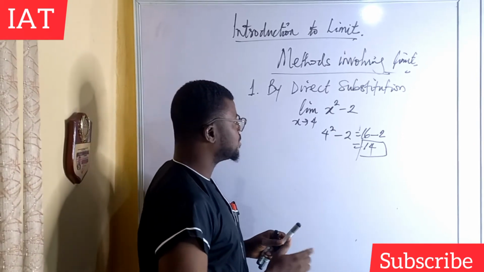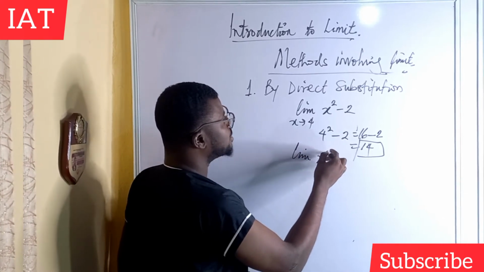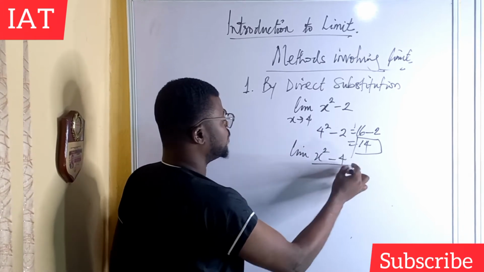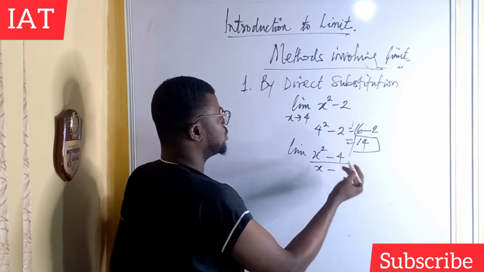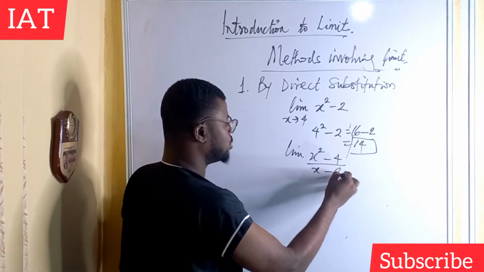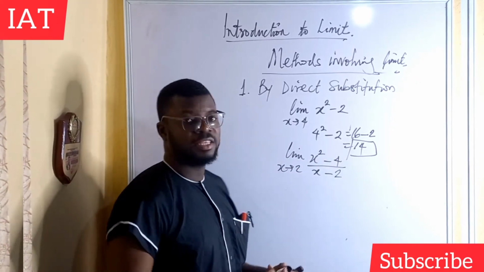But in some cases, where you have limit of x squared minus 4 all over x minus 2 as x tends to 2, what do we need to do at this point?